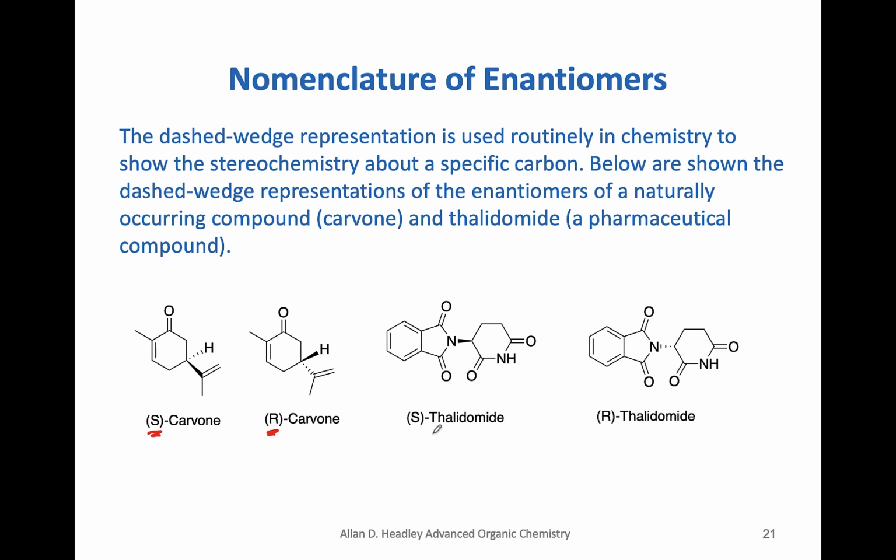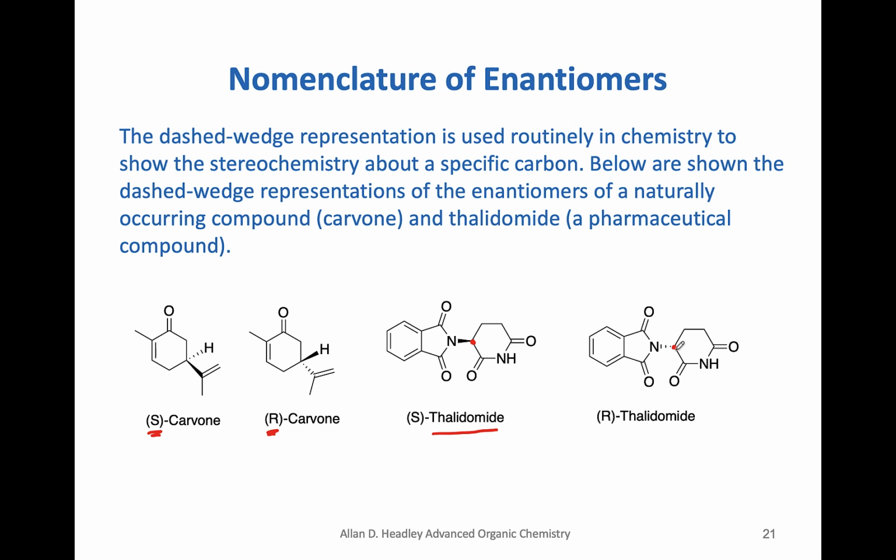Here's another one, thalidomide. Again, two enantiomers, and as you can see here, it differs around this carbon. Back in the 60s, this was used as a cure for morning sickness for pregnant women, but only one did the job.